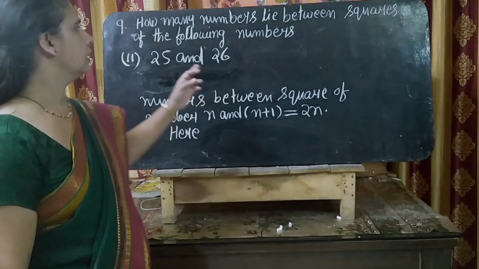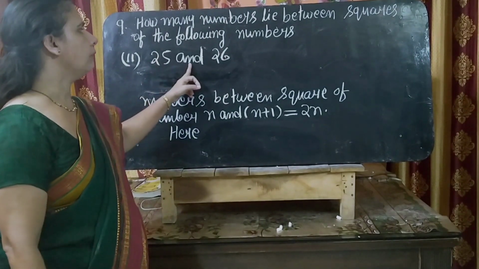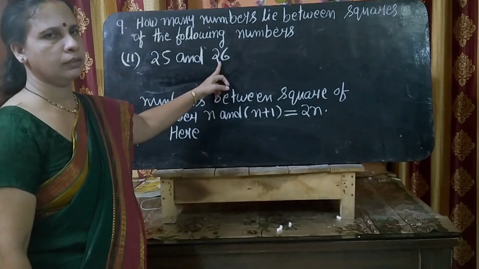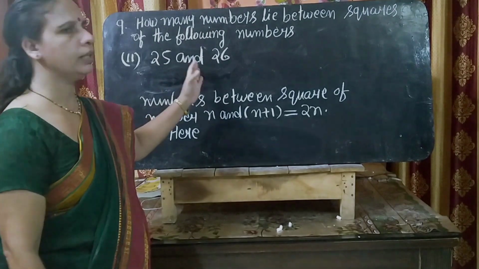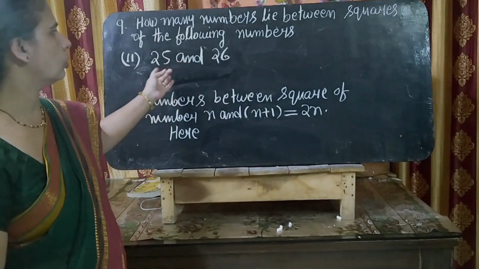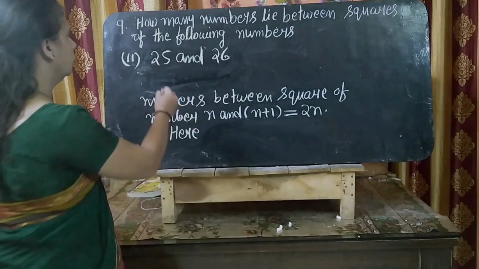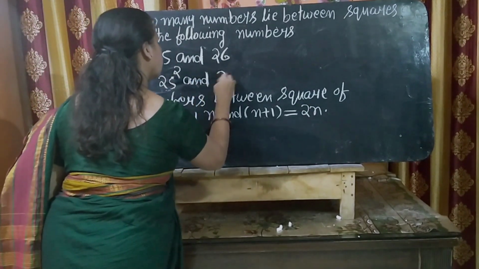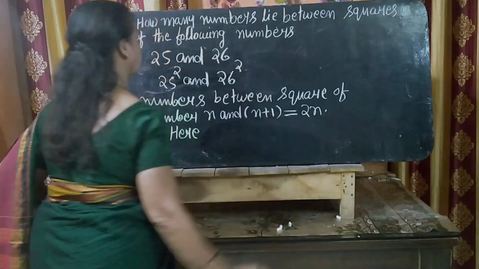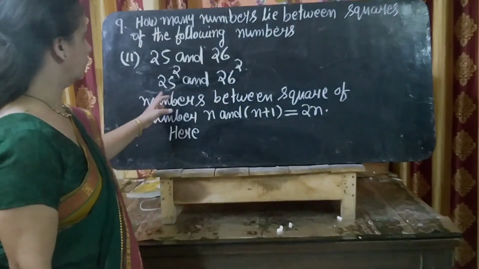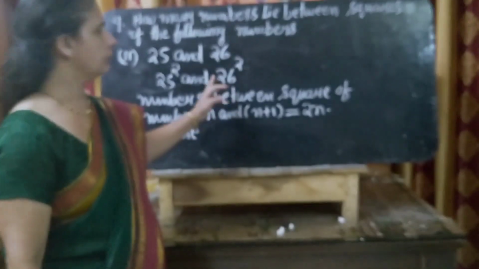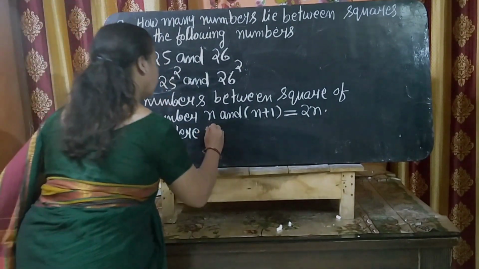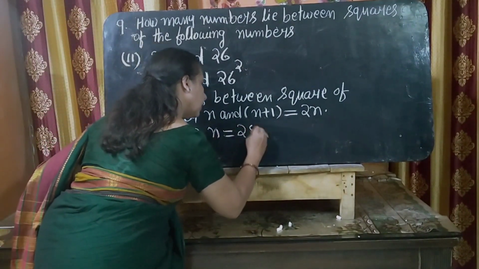Second question is 25 and 26. We have to find out how many numbers lie between the squares of these two numbers, that is 25 square and 26 square. Here n is 25.